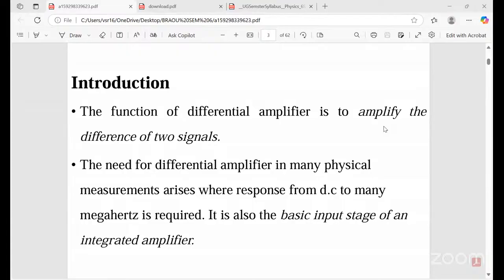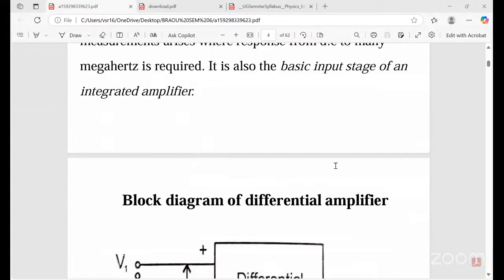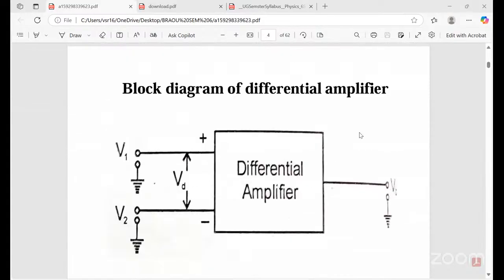The need for the differential amplifier in many physical measurements arises where a response from DC, direct current, to many megahertz, 10 power 6, is required, which is the basic input stage of an integrated amplifier. Now the block diagram for the differential amplifier is indicated here, you can see this.